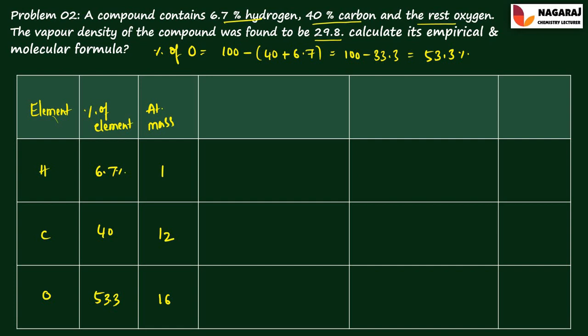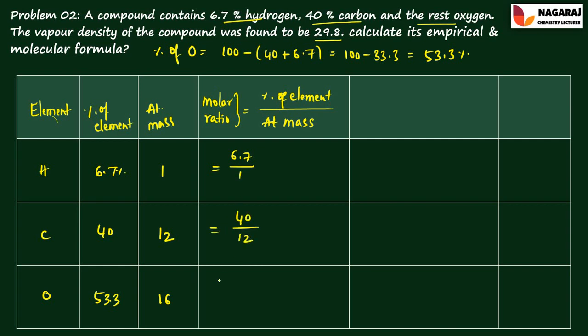Then calculate molar ratio. So molar ratio is equal to percentage of element divided by atomic mass. So for hydrogen it is 6.7 divided by 1, for carbon 40 divided by 12, and for oxygen 53.3 divided by 16.